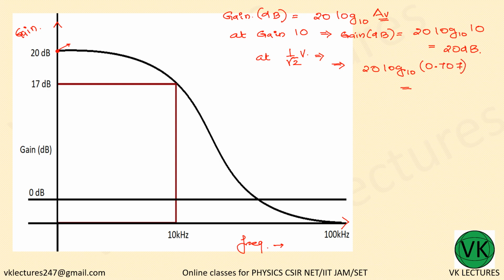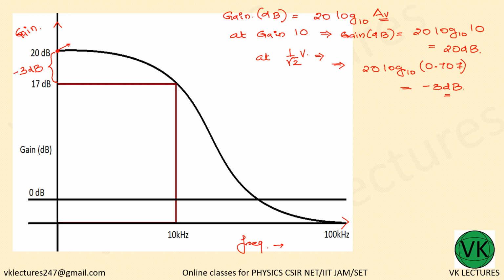This value is equal to minus 3 decibel. That means when the voltage gain is 1 by root 2, then the change in gain in decibel is minus 3. That means there is a reduction in gain of 3 decibel.